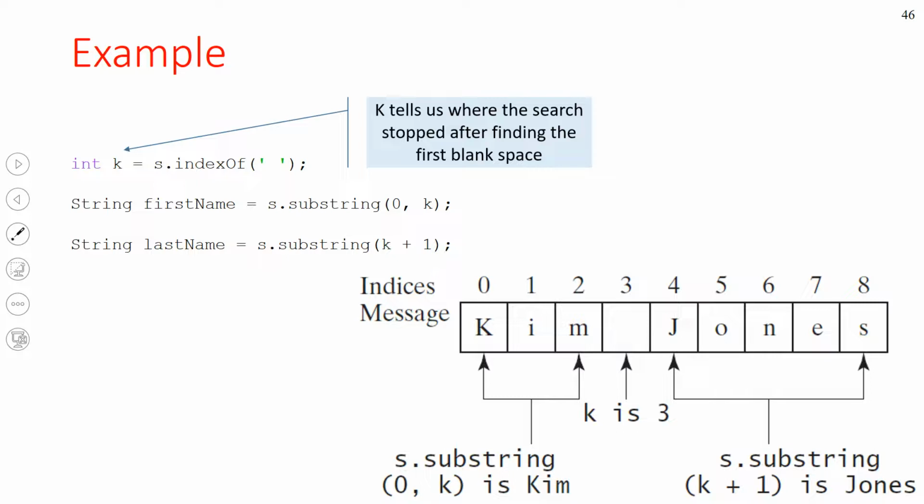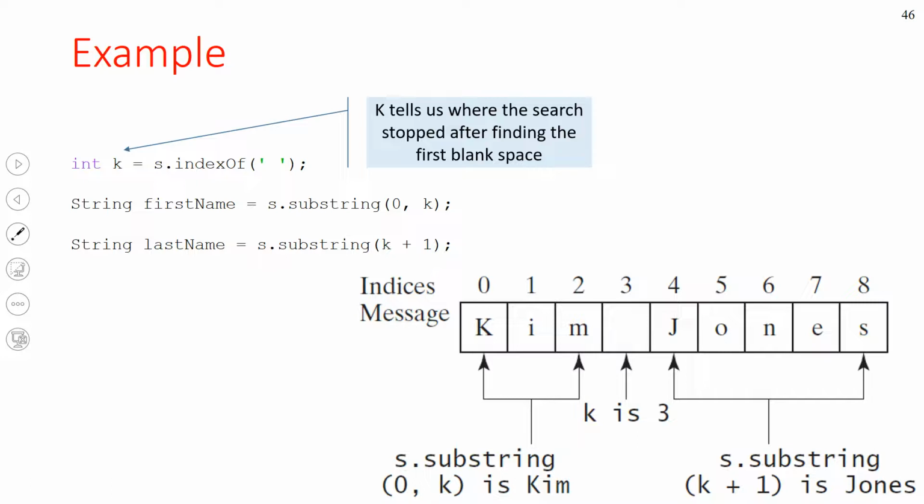Now that I know where the space is located between the first name and last name, I'm able to do String firstName = s.substring(0, k). Remember, the final index is never included. So from 0, that's the K for Kim, up to the value of the variable k, which is 3, not included. So I just extracted Kim. And then lastName = s.substring(k + 1).